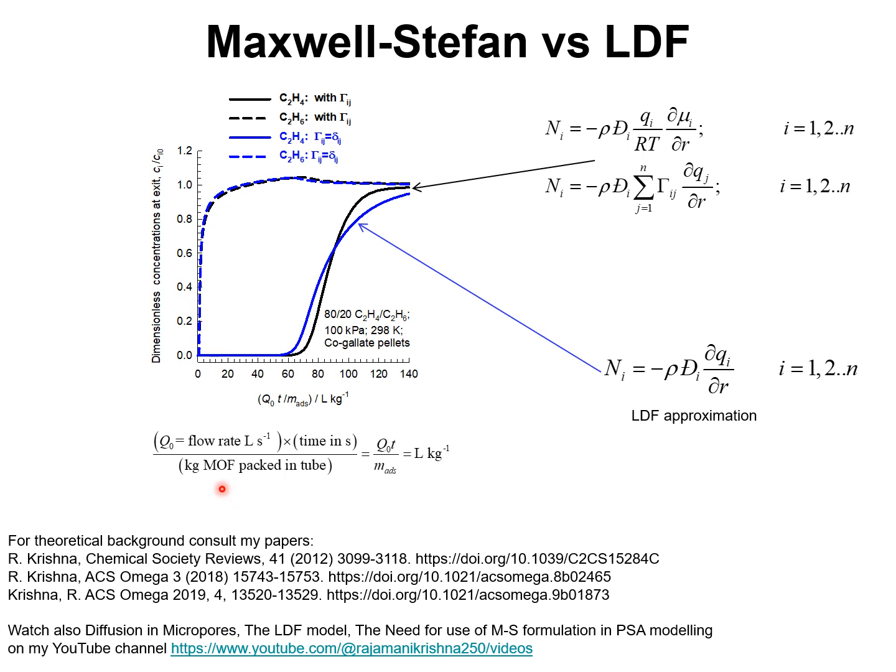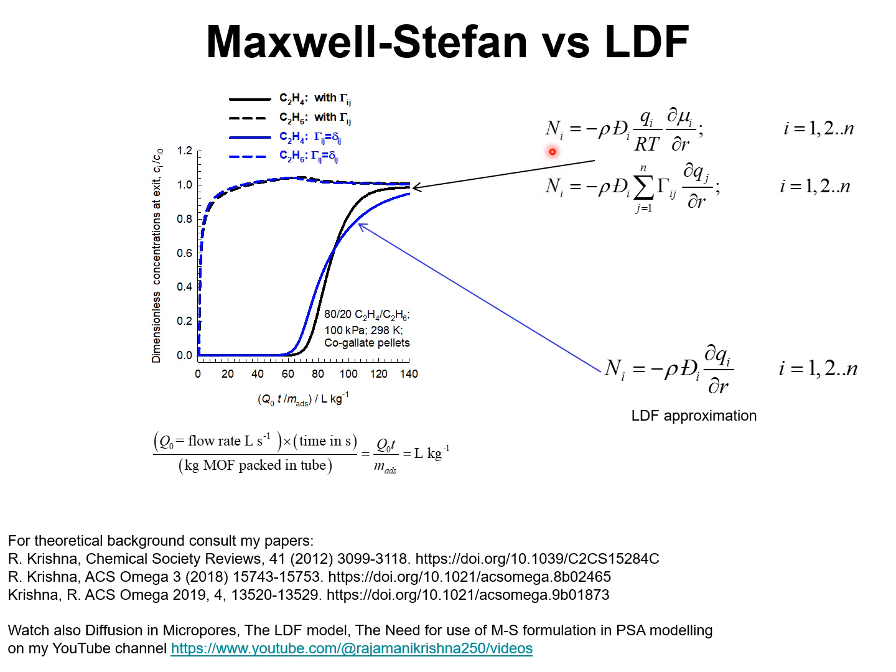For separations in fixed bed adsorbers, in which intracrystalline diffusional influences are of significant importance, as is the case for ethene-ethane separations with cobalt gallate, it is vitally important to adopt the Maxwell-Stefan diffusion formulations to describe the intracrystalline molar fluxes.